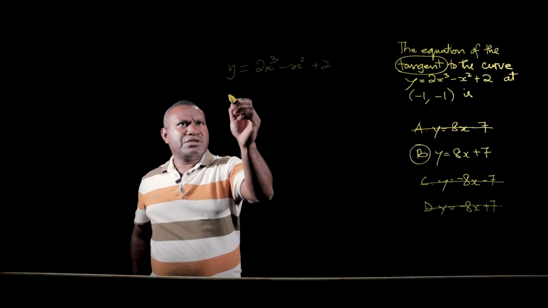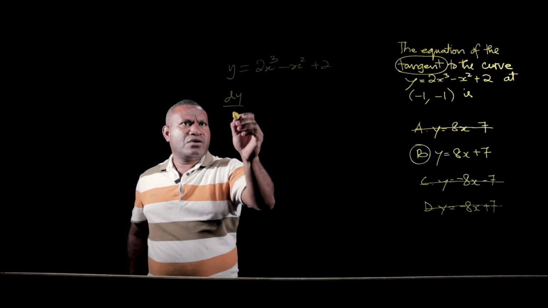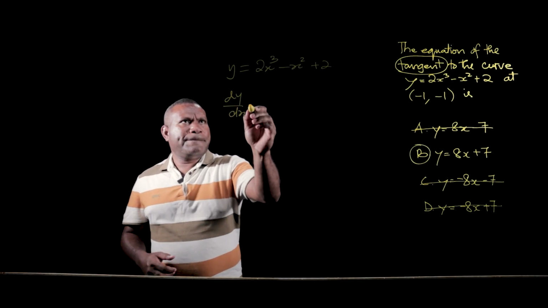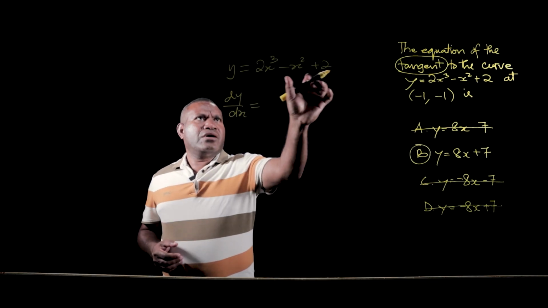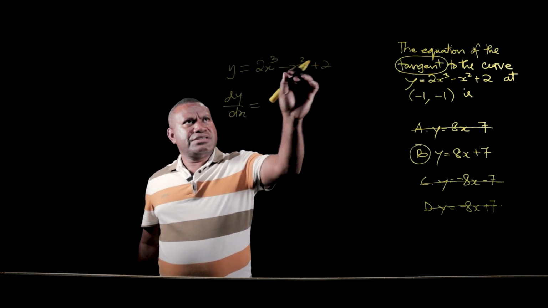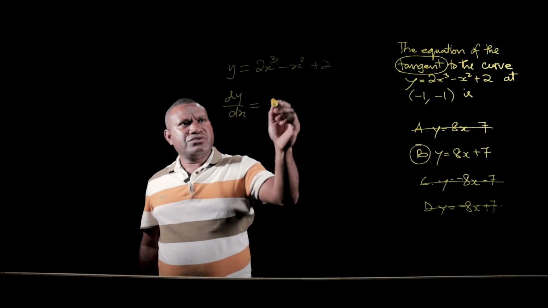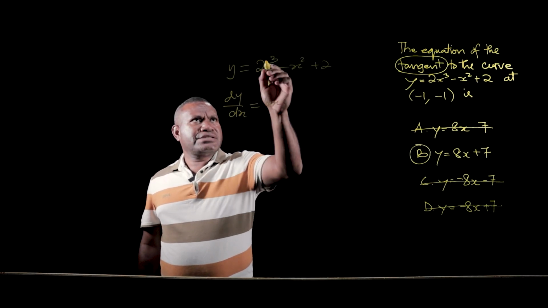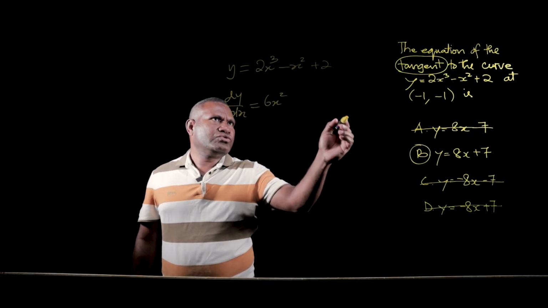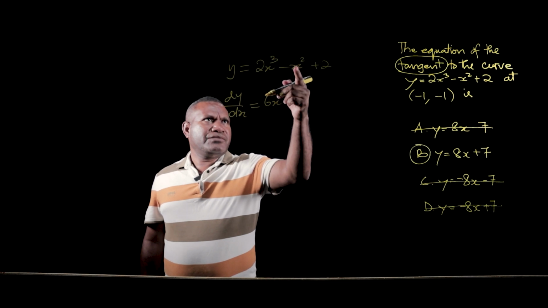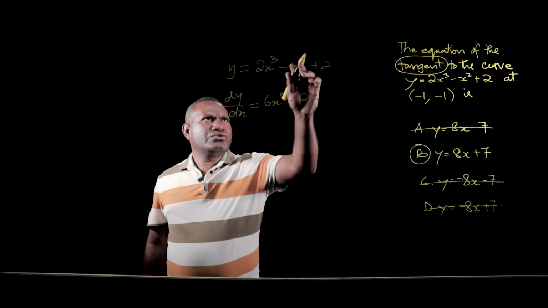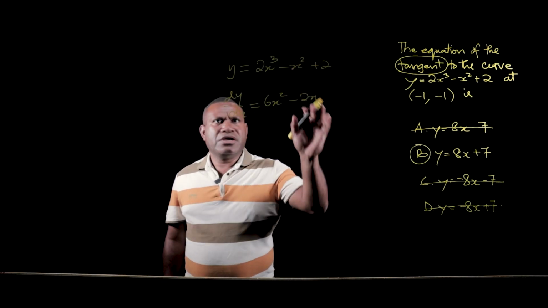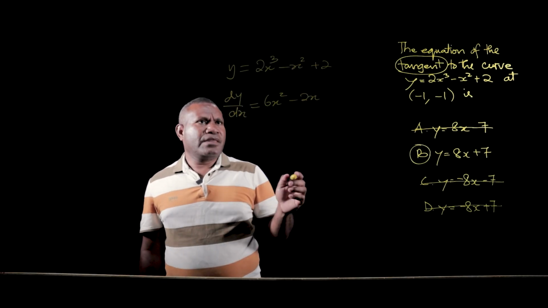So first we find the derivative, or the gradient function. We apply the rule for differentiation: bring the 3 in front, multiply by 2, you get 6x, and subtract 1 from the power, we have 2. For x squared, bring the 2 in front, that will be 2x, and 2 take away 1 is 1. So this is the gradient function.